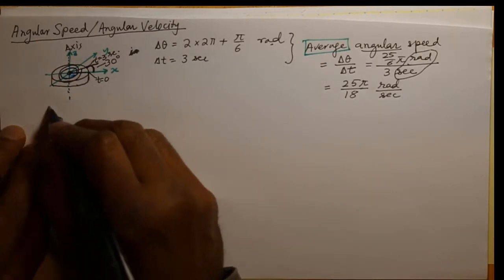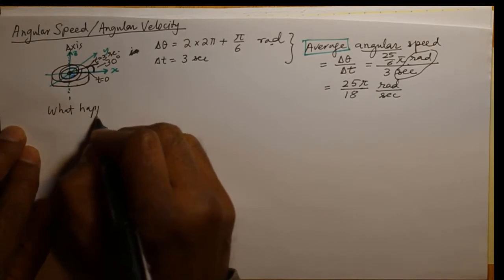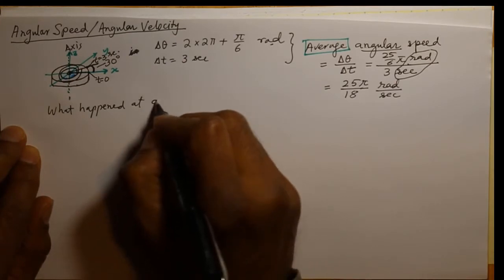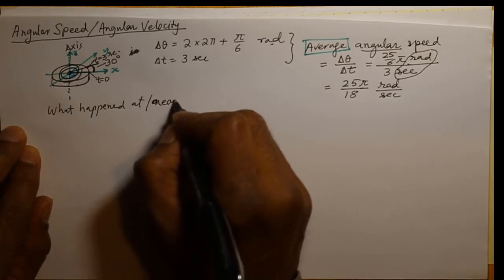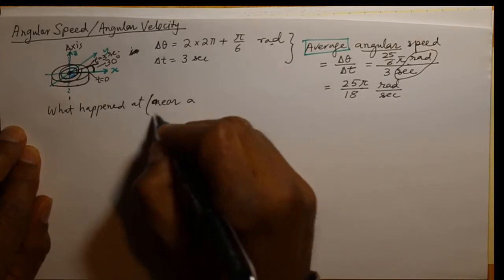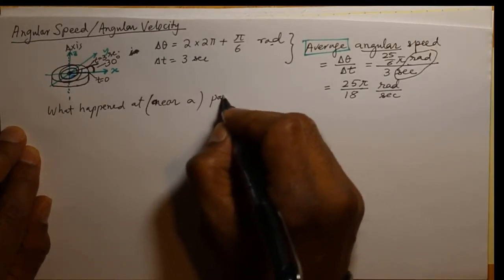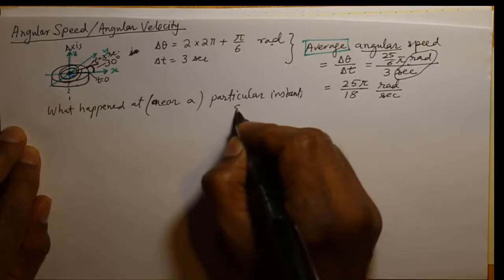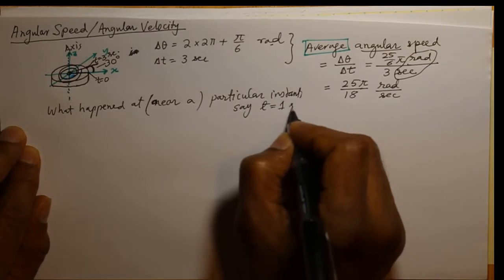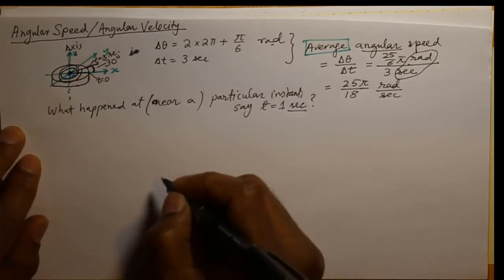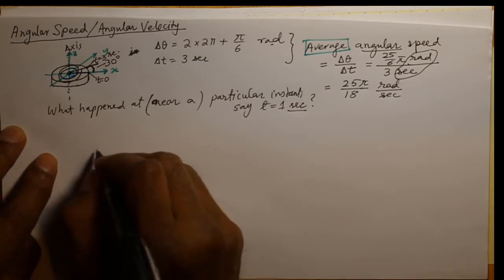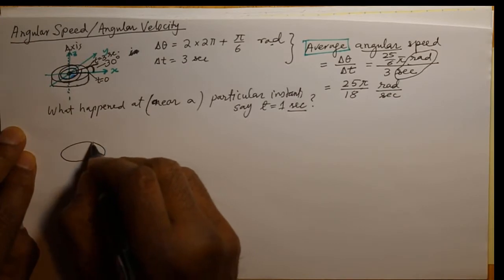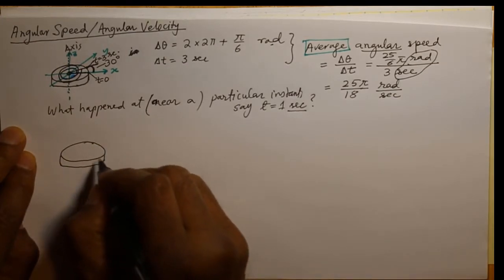So if I look at what happened at or near a particular instant, say t equals 1 second in this example, you'll say, you do more or less the same thing as you did over here, but you look at very near to what's going on there.